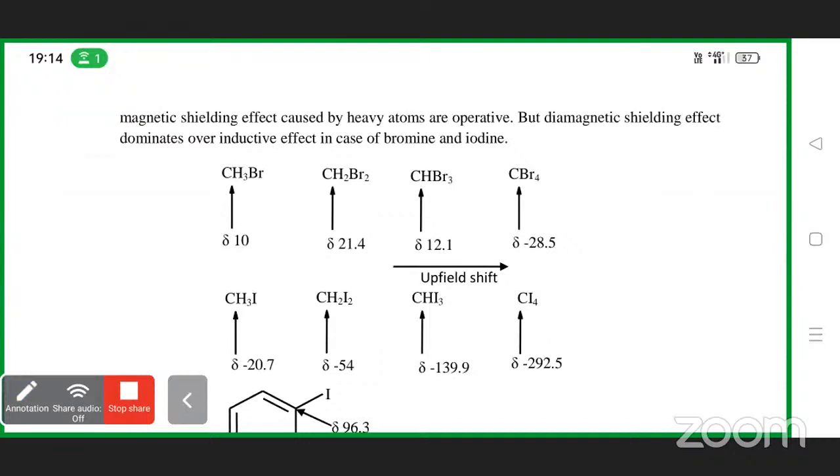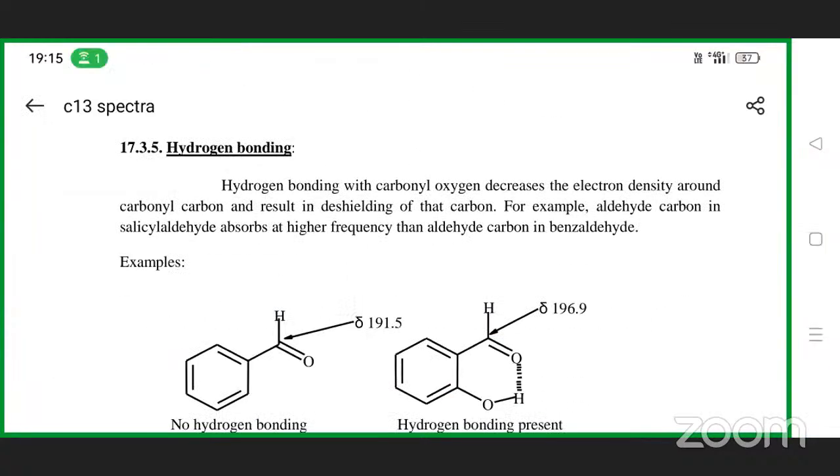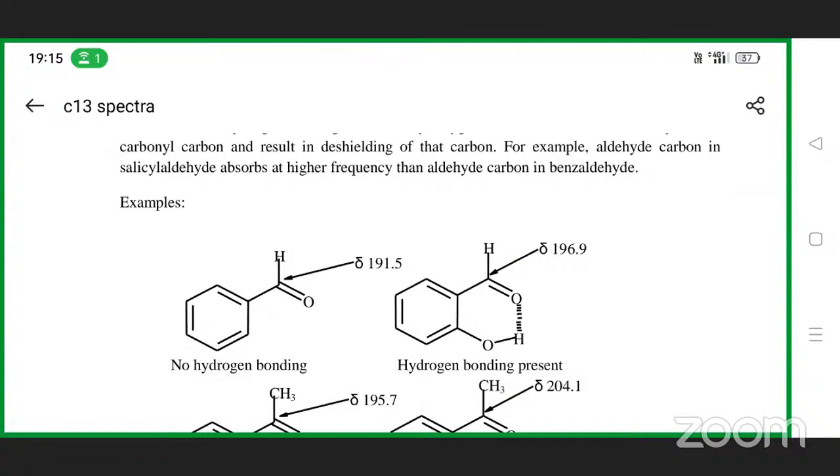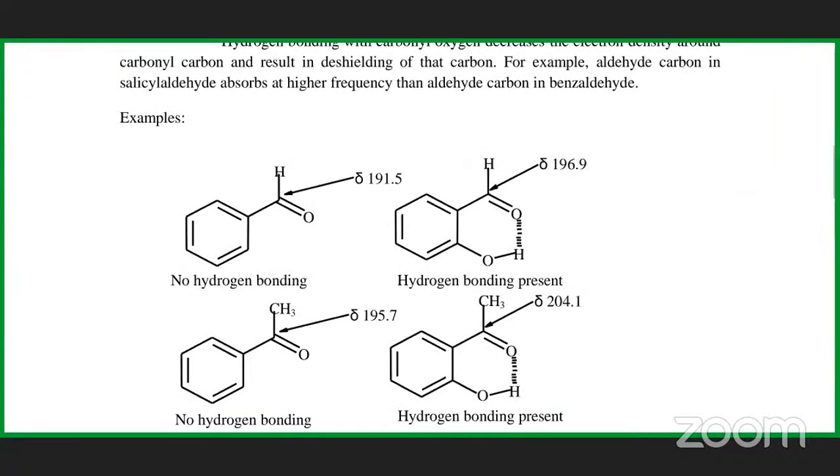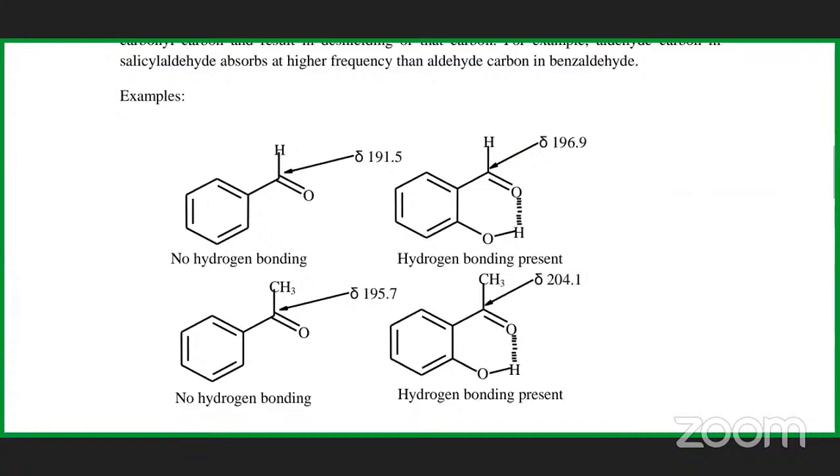Next, hydrogen bonding, a very important factor affecting the delta value. In hydrogen bonding, we have intermolecular and intramolecular hydrogen bonding. The presence of hydrogen bonding increases the delta values. In benzaldehyde, you can see there is no hydrogen bonding, so we have 191.5.